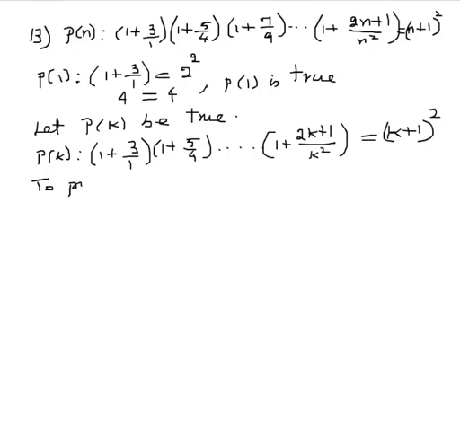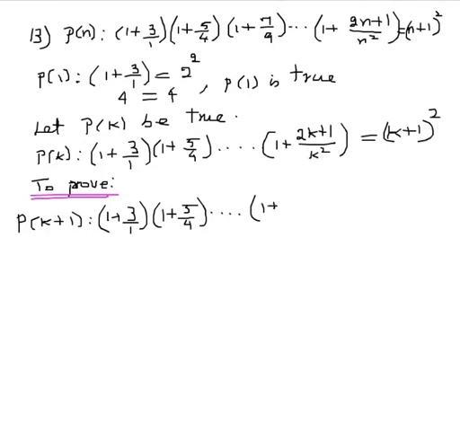Now to prove P of k plus 1 statement, here we will have product of k plus 1 terms. So 1 plus 3 by 1 into 1 plus 5 by 4 into the third term 1 plus 7 by 9, etc. Kth term is 1 plus 2k plus 1 by k square, and we have to write k plus 1th term.